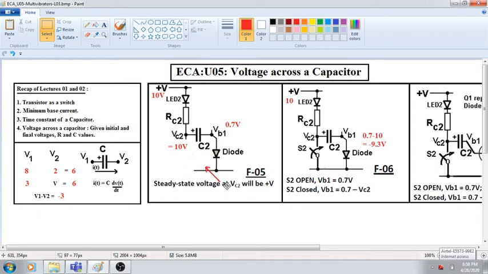Try to look at this one. When I leave the circuit as it is, what will happen? Supposing the voltage here is 10 volts. Because this is 10 volts and this is ground, current will flow like this, approximately through the LED, R, C2, through the capacitor, through the diode, to ground.